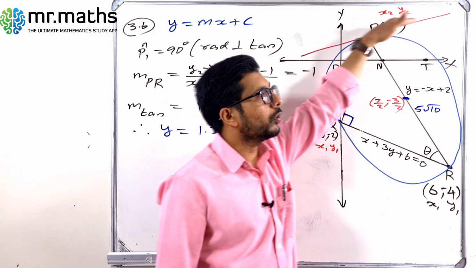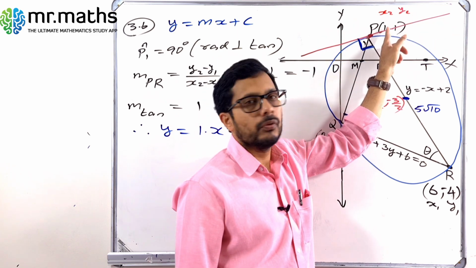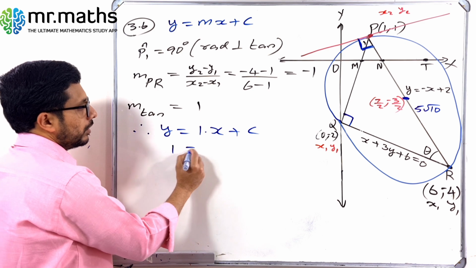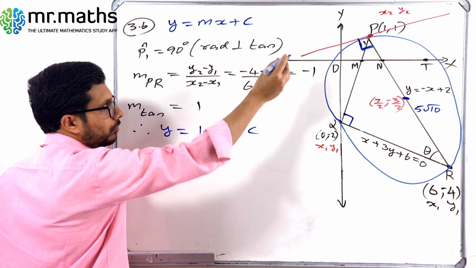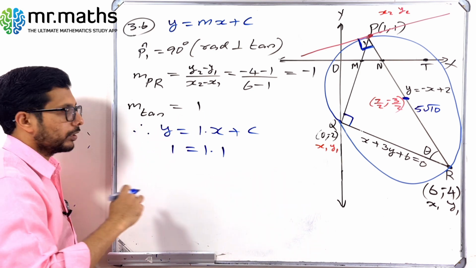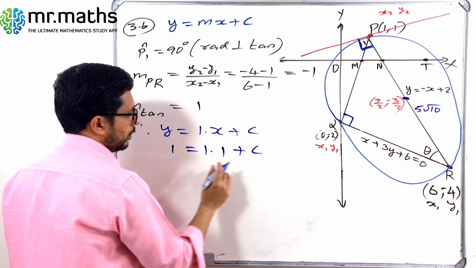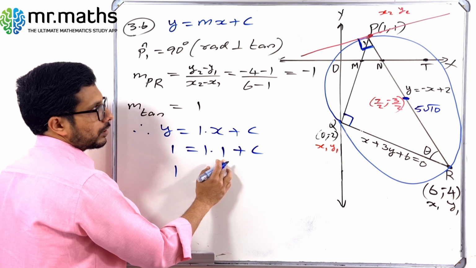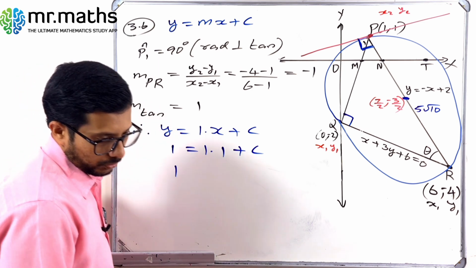We know one point on that tangent, 1 comma 1, so substitute in this equation. y is 1 equals 1 into x, also 1 at the point P, the tangent touching point on that straight line, plus c. So 1 times 1, is it passing through 0?